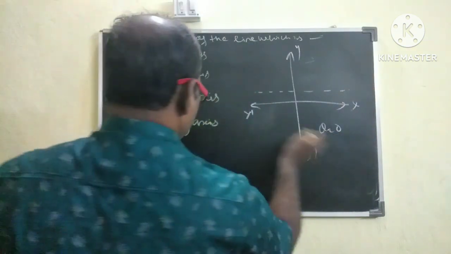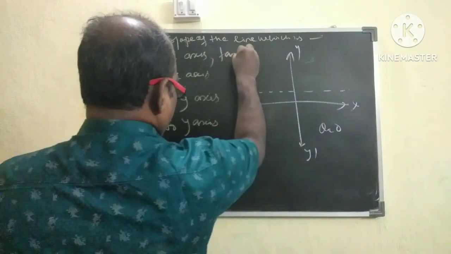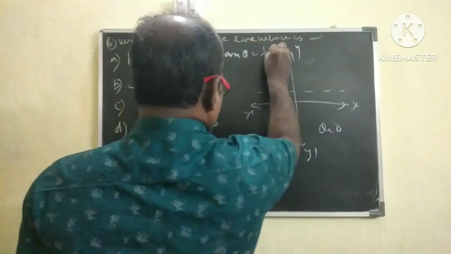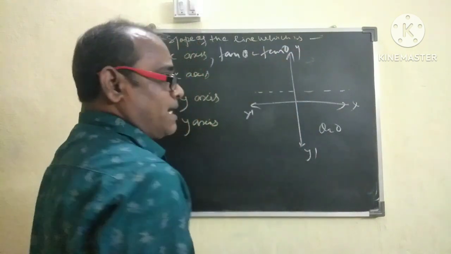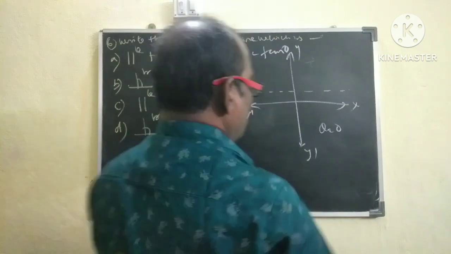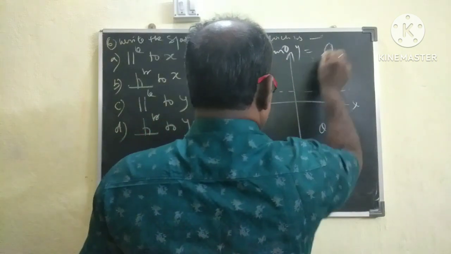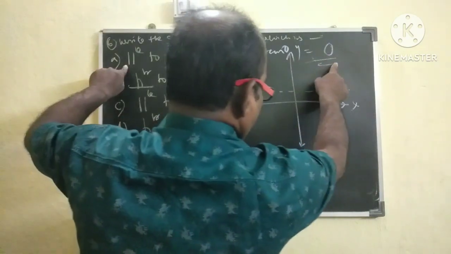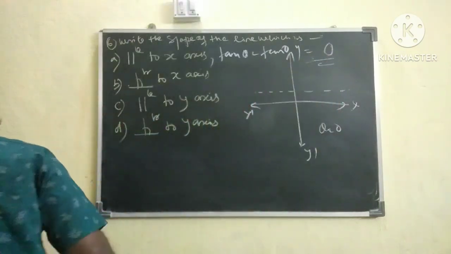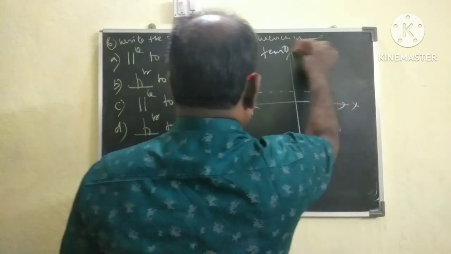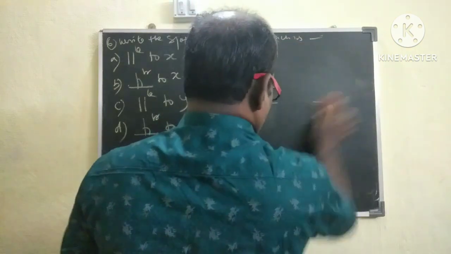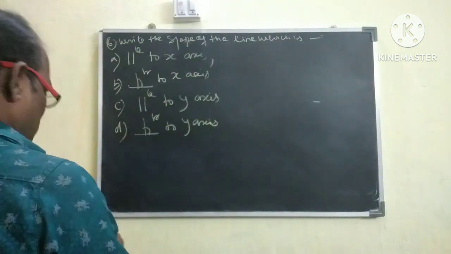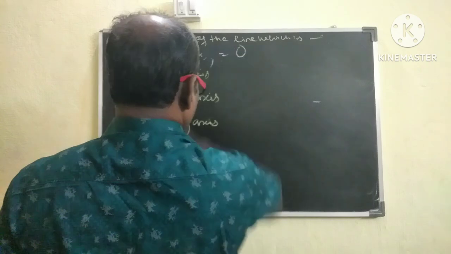So if theta is equal to 0, then tan theta is equal to tan 0, and tan 0 means sin 0 by cos 0, which is equal to 0. So the slope which is parallel to x-axis is always 0. Next, so here the slope, answer will be 0.